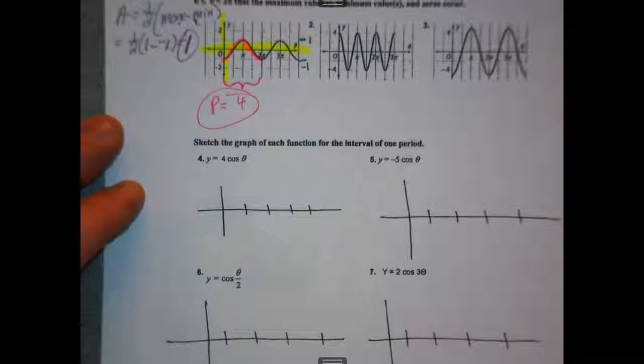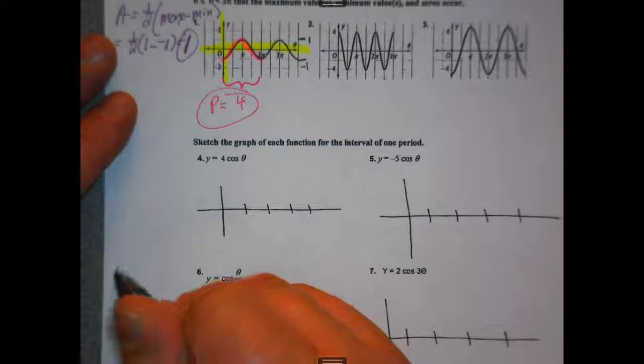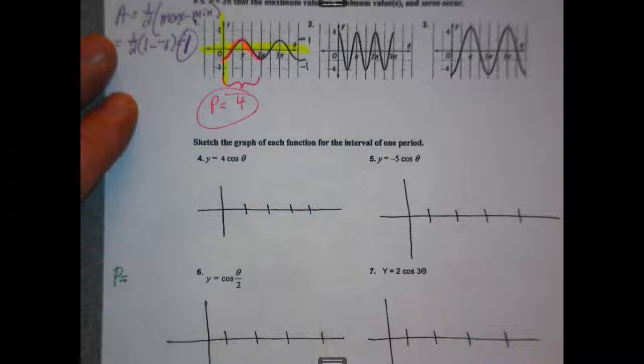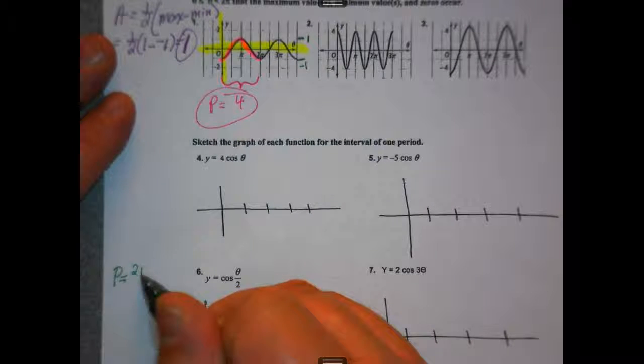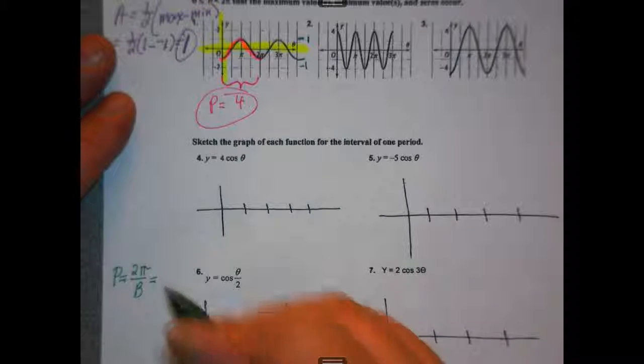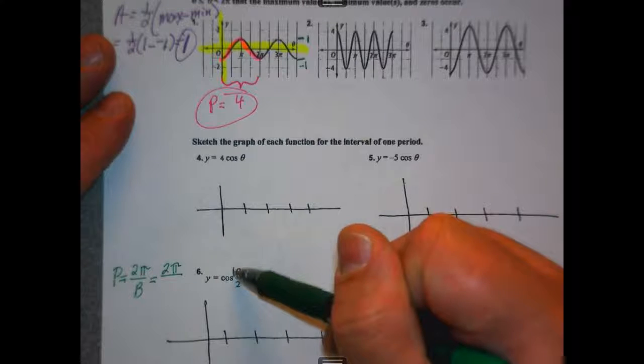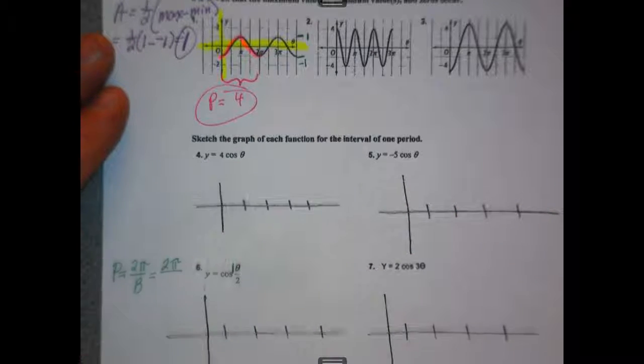In fact, let's do number 6. First thing, let's find the period. 2 pi over b. What's my b? Don't forget, there's a 1 in front of theta, right?